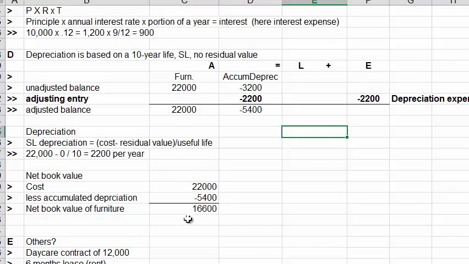So instead of thinking that they have furniture that's on the books for $16,600 and not having any idea how old the furniture is or any other detail at all, a reader at least can know that the furniture has $22,000 of acquisition cost, and it's about 25% of the way through its useful life.